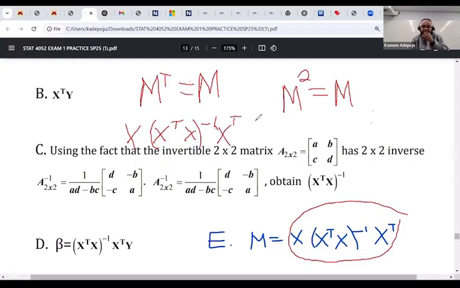Then multiply by another one, X. X, transpose, inverse, X transpose. If you take a look at that, this guy cancels that guy to be identity. What do I have? I'm having this guy back.